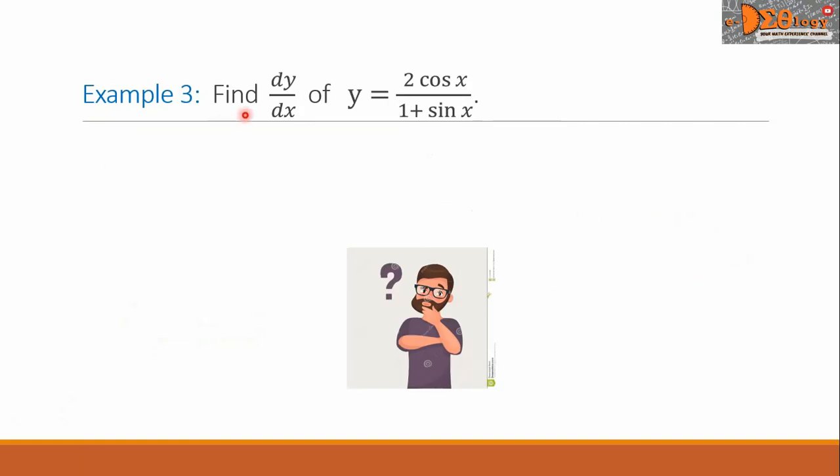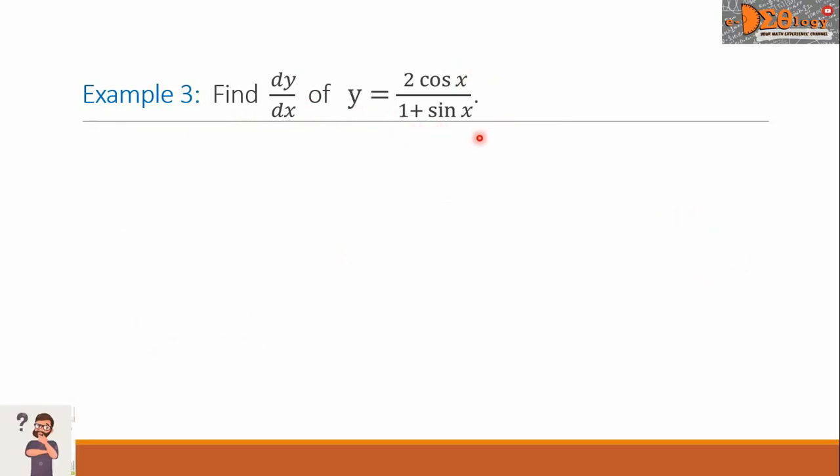Example 3. Find dy over dx of y equals the fraction 2 times cosine x all over 1 plus sine x. For our solution, let us observe that our function here is a quotient. So we write the quotient rule. d over dx of the fraction f over g equals g times f prime minus f times g prime all over g squared.